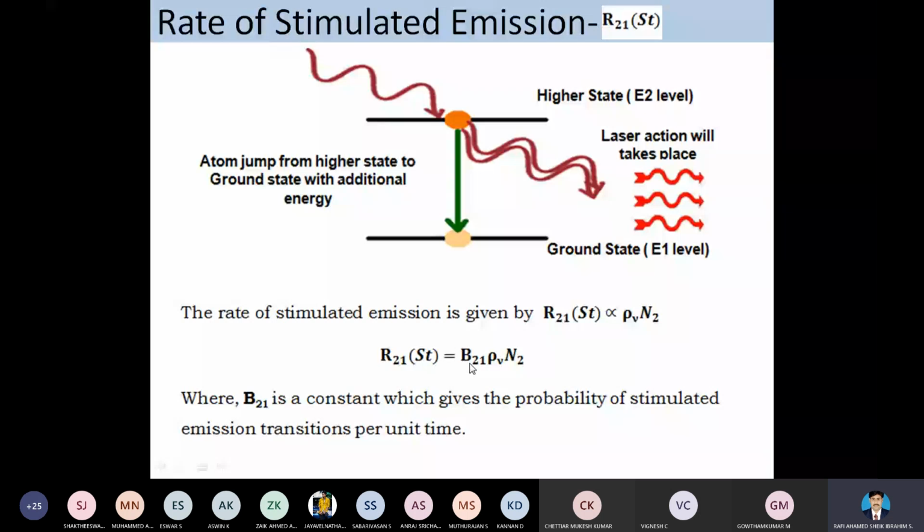If you are writing for absorption, assign the symbol B. Absorption takes place from ground state to the higher state. If you are talking about stimulated emission, this emission is the laser action: atom from the higher state to the ground state with inducement. Same symbol.